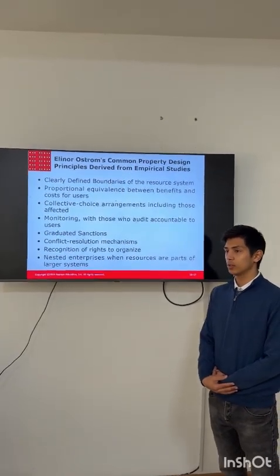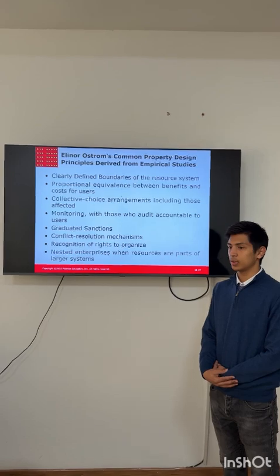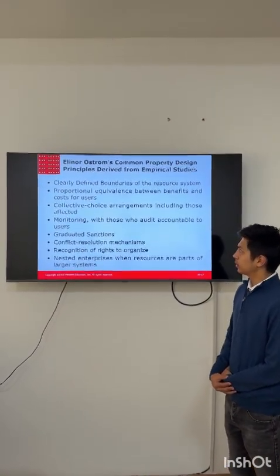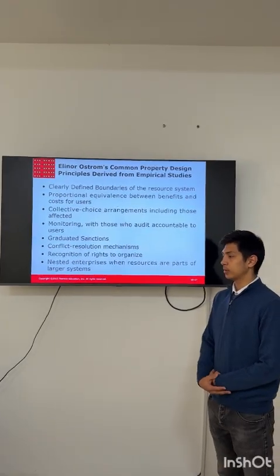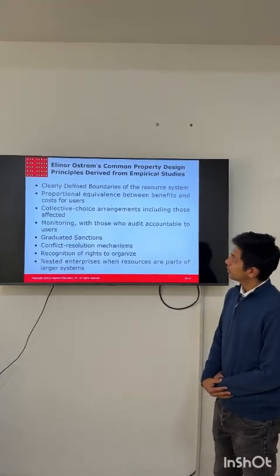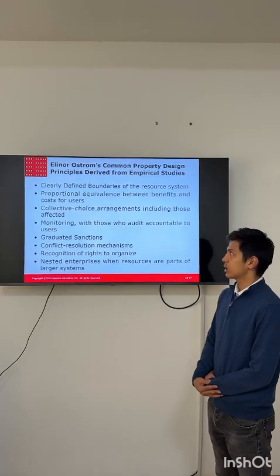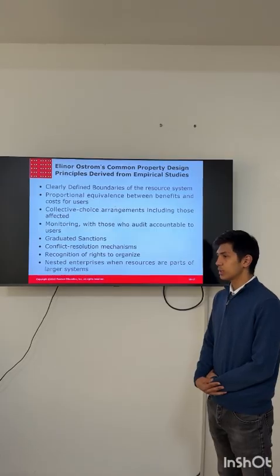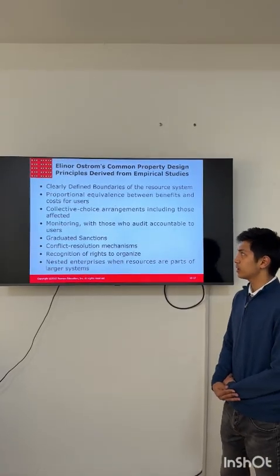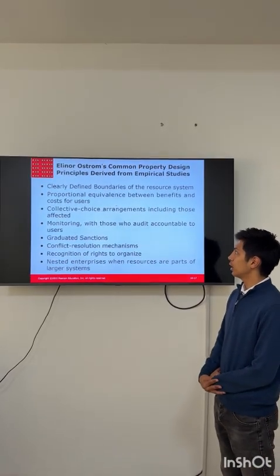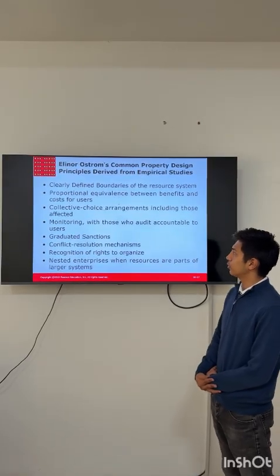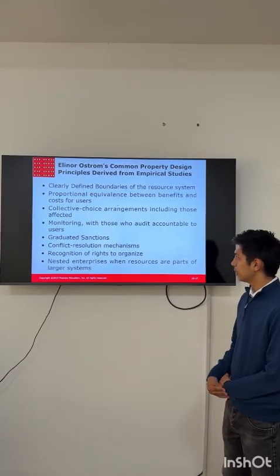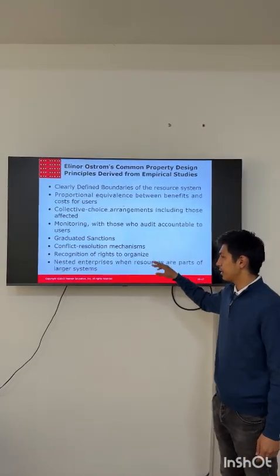First of all, every individual thinks first about their own health and the cleanliness of their own territory. Her ideas included clearly defined boundaries of the resource system, setting up fair conflict-resolution systems inside the society, proportional equivalence between benefits and costs for users, monitoring by those who audit and are accountable to users, and other branches of these ideas.